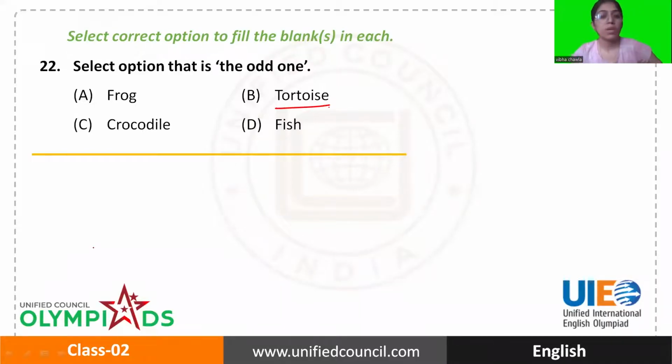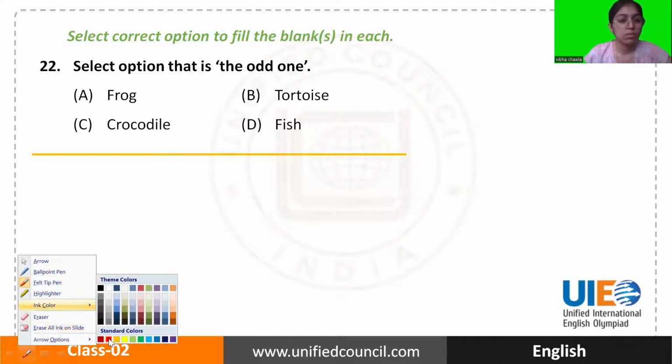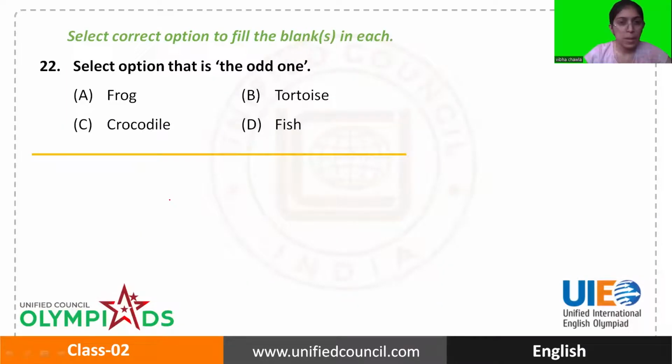So, which is the odd one out? That's the question. Odd one out is fish. Because frog, tortoise, and crocodile can live both in water and on land. But the fish is the only one that cannot live in water and on land both. Fish can only survive in water, not on land.